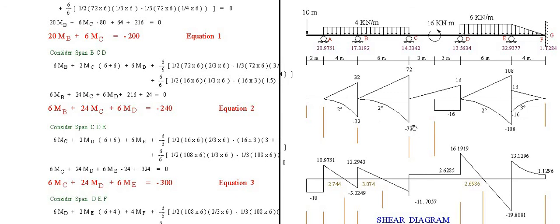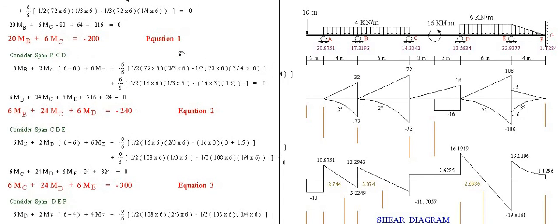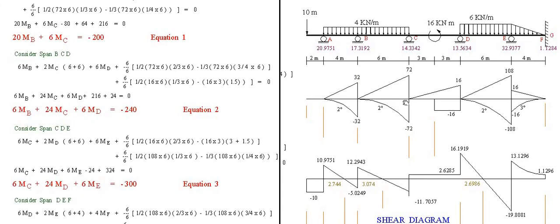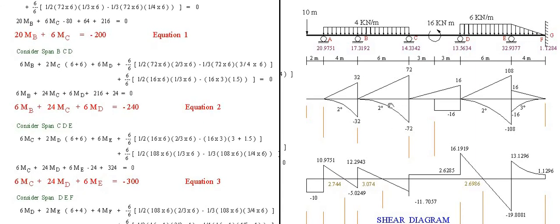Then at the bottom, parabolic, this is 1/3 of 72 times 6. The distance is 3/4 of 6. This is a parabolic, 3/4 of 6. This is the first moment by part.